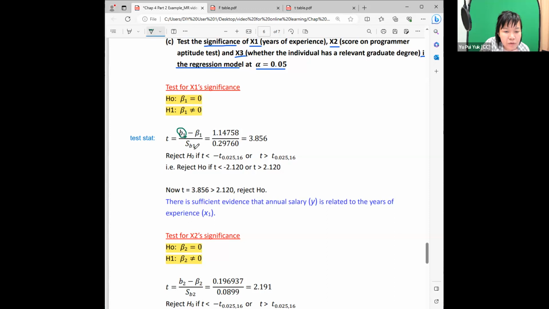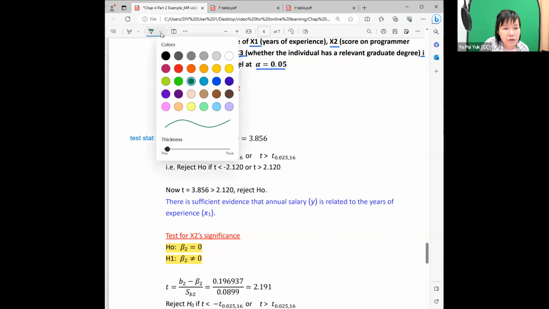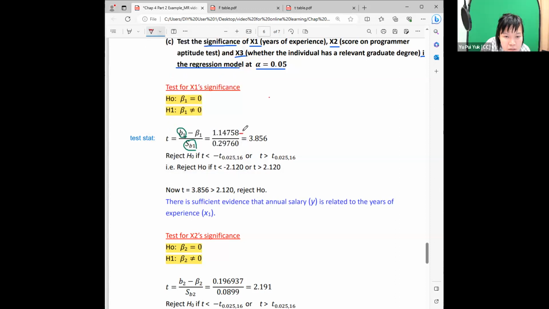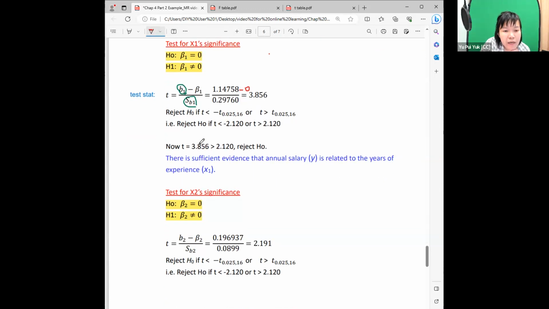Actually it's minus 0, because beta 1 substitutes the H0 value, which is equal to 0. I also talked about it in class.